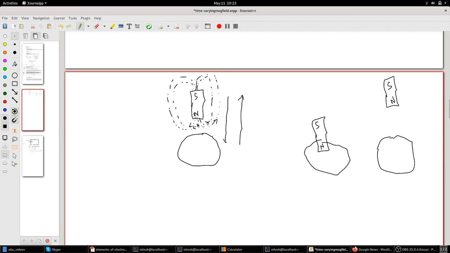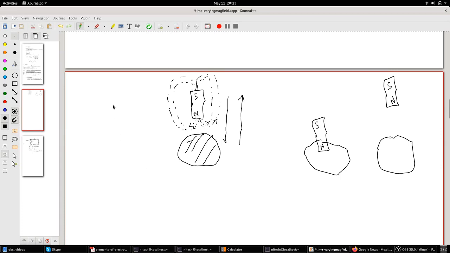When it is coming towards this loop, the flux passing through this particular loop will be increasing, because your B will increase.